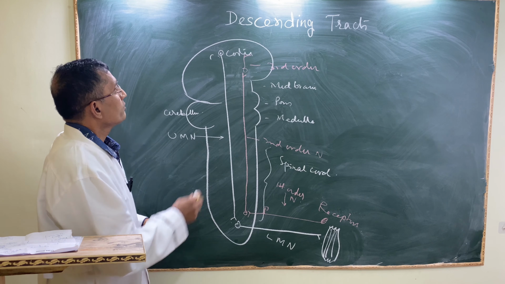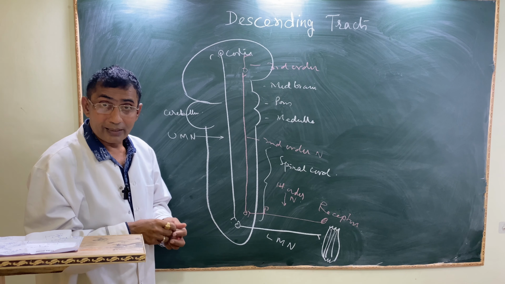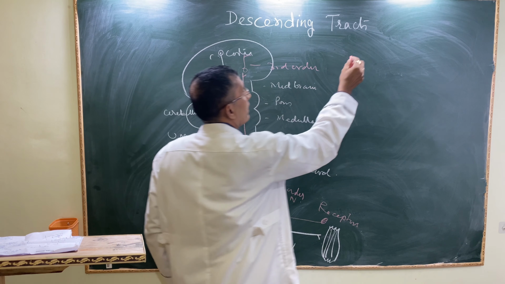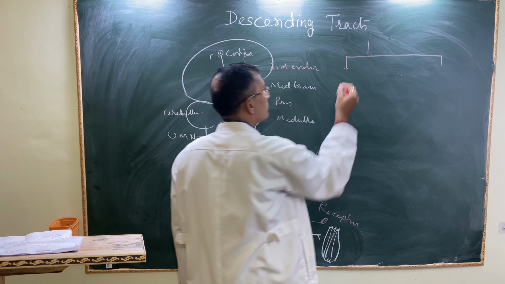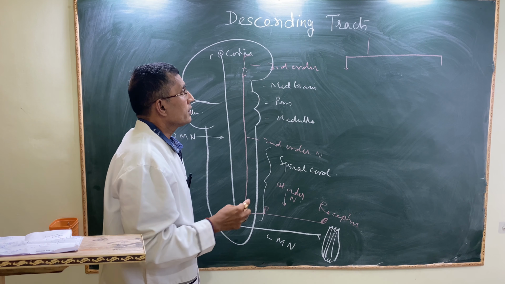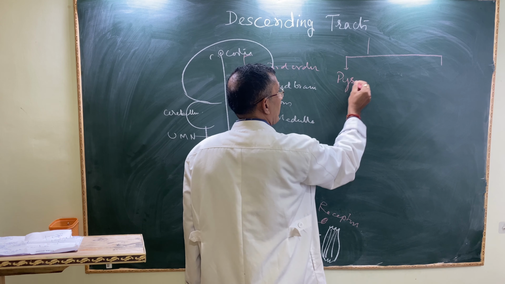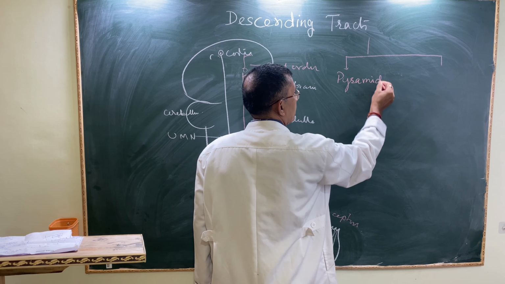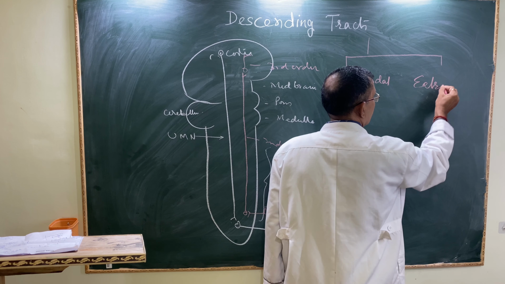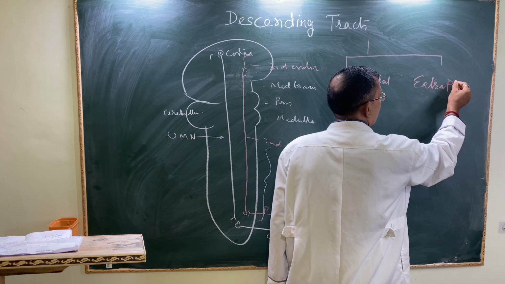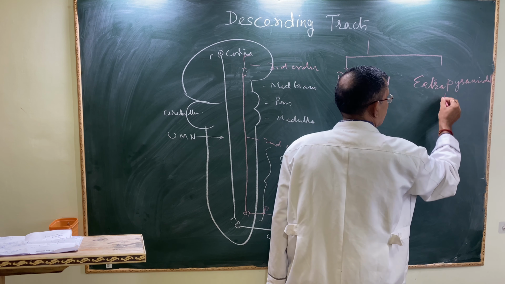Now coming to the descending tract, if we want to classify the descending tract, it is the cortical tract, the pyramidal tract, and extrapyramidal tract.